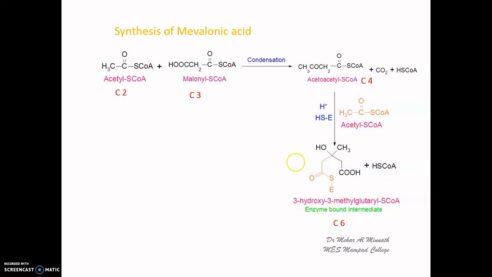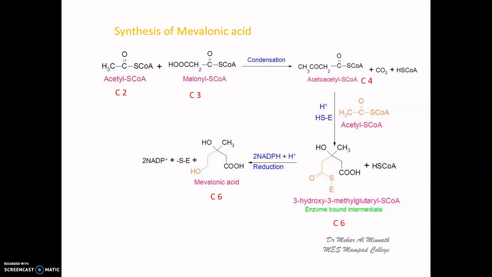Now, this enzyme-bound intermediate then undergoes reduction in the presence of NADPH to form the mevalonic acid. You can see here the mevalonic acid again, which is a 6-carbon compound. So, this is the first step involved in the mevalonate pathway for the biosynthesis of steroids.